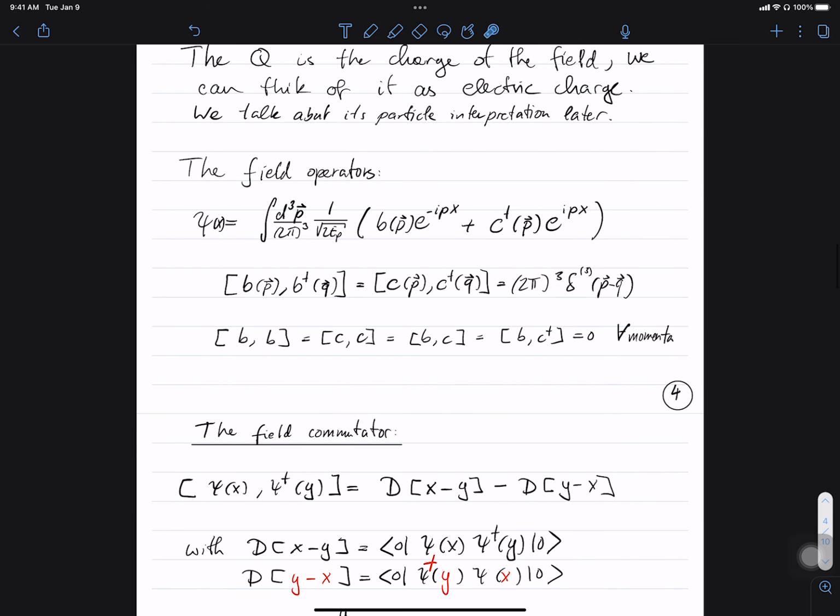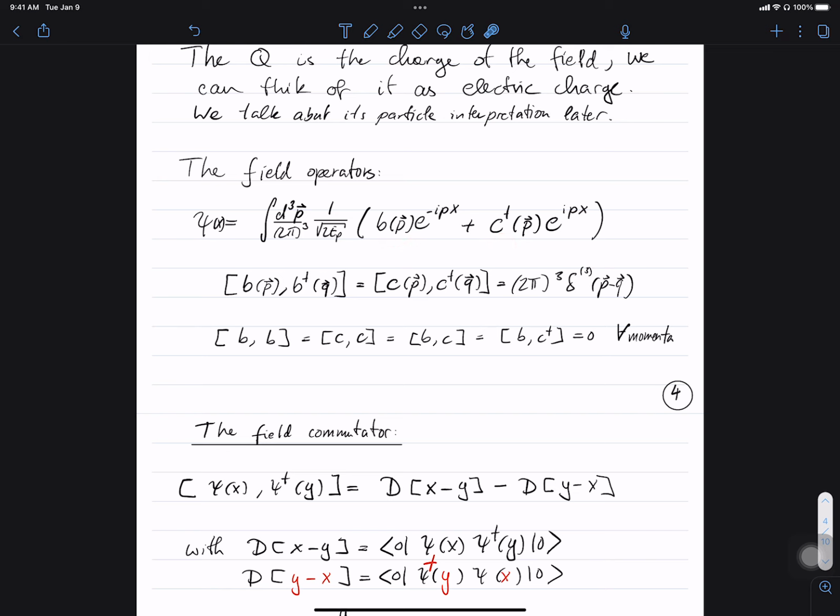Now, the field operators can be decomposed as well for this field. Here, we remember we need independent coefficients that multiply the exponential functions for the field to be complex. We call them now B and C, so as not to confuse them with A and A dagger.